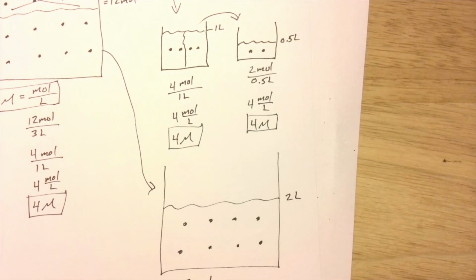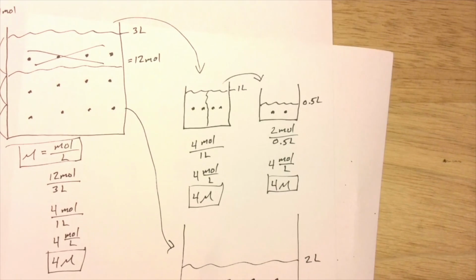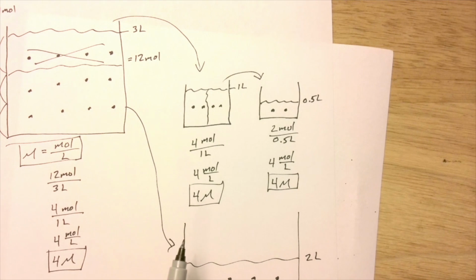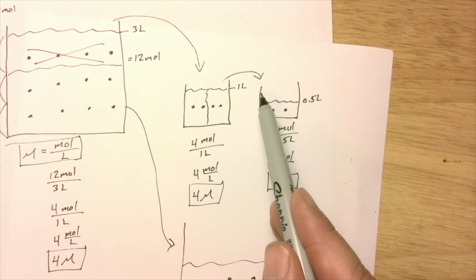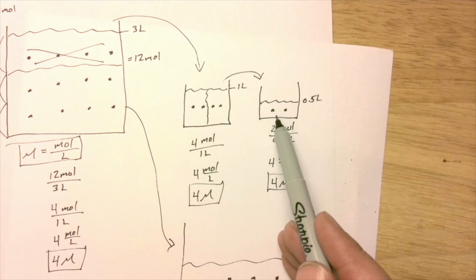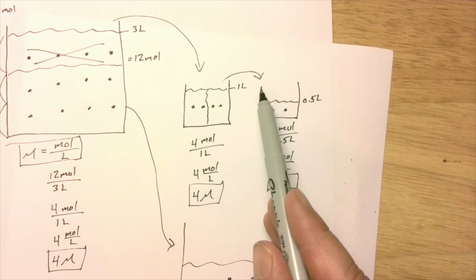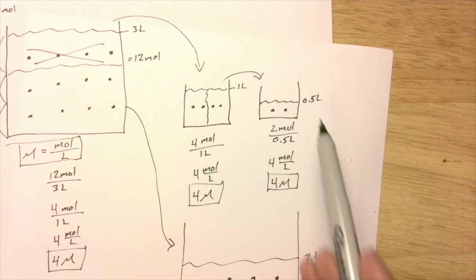So hopefully you can understand that later on when we start getting into dilutions. We want to take this one step further and eventually get to the point where you pour into another container, but then you bring the volume up with some extra water and see what happens to it.